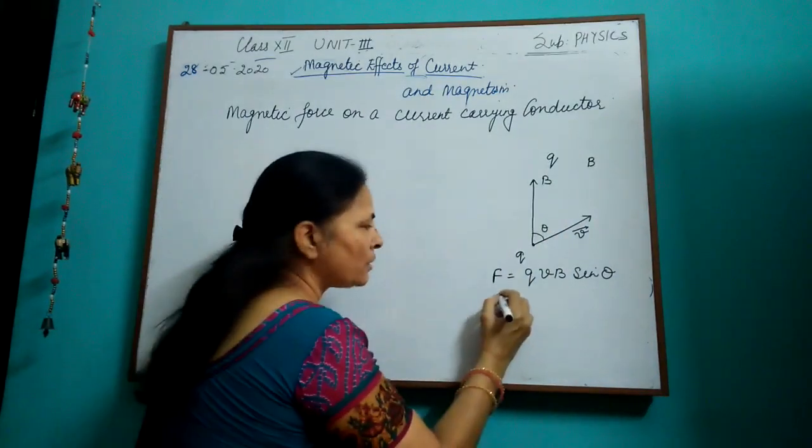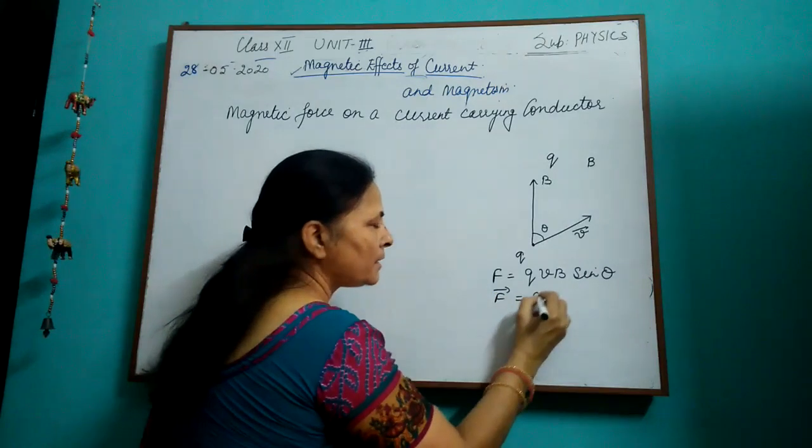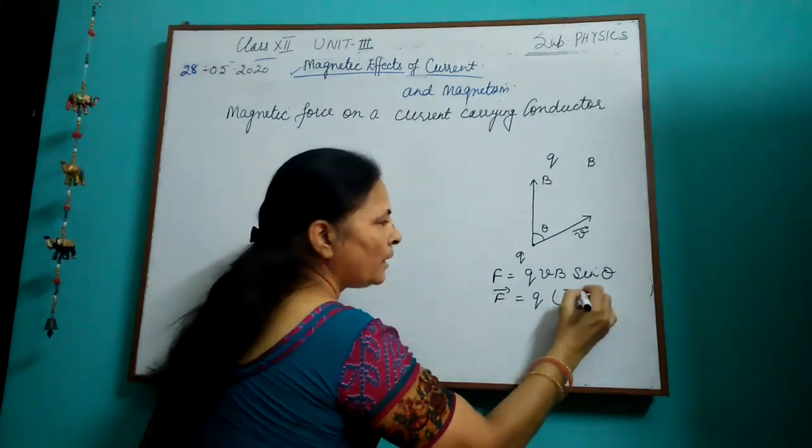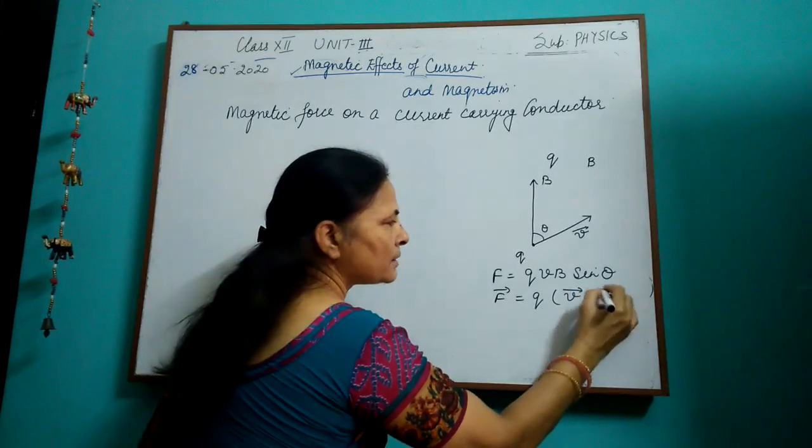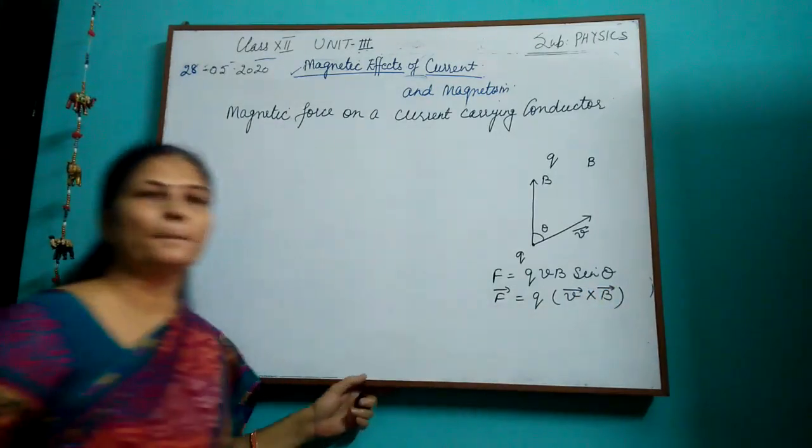And in vector notation, it can be written as Q V cross B.